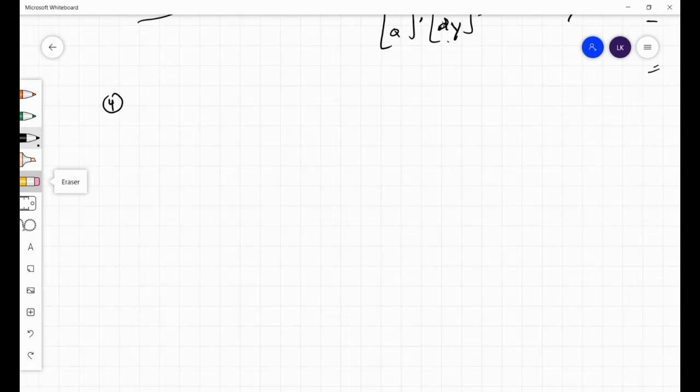So what does that say? You have some curve and you give it an orientation, I guess, by giving it a normal vector. I'll use your notation.